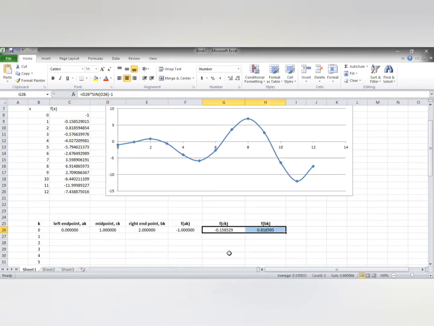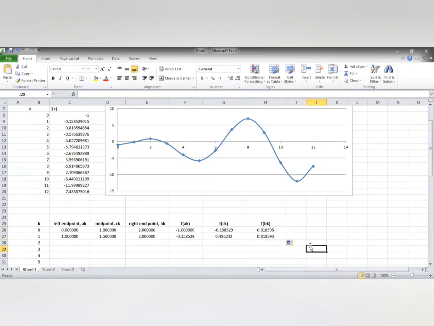The signs of f(ck) and f(bk) are opposite, so the root lies between c and b. So our new left endpoint will be c, and our right endpoint will still be b, which is equal to 2. We can drag this and also this one to determine the new values of the functions.